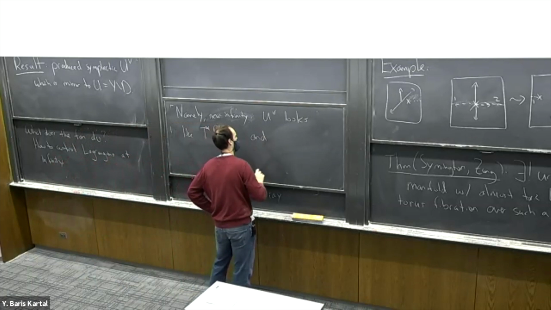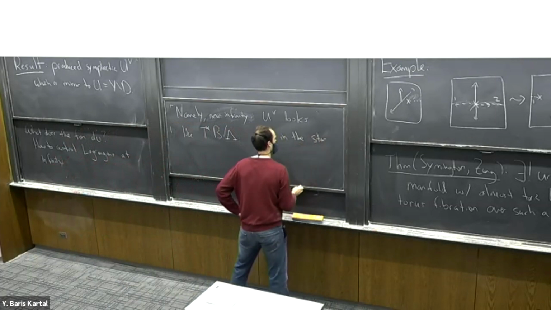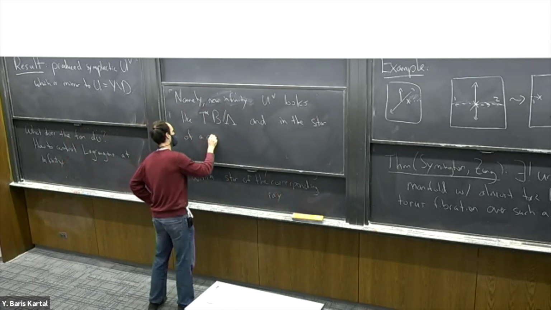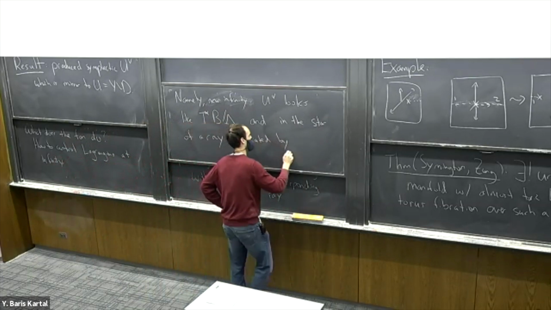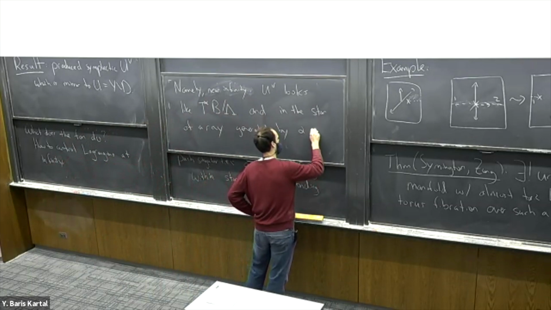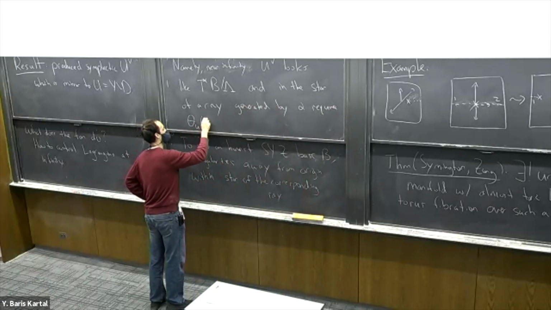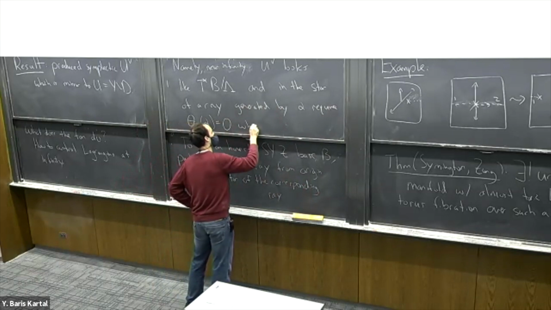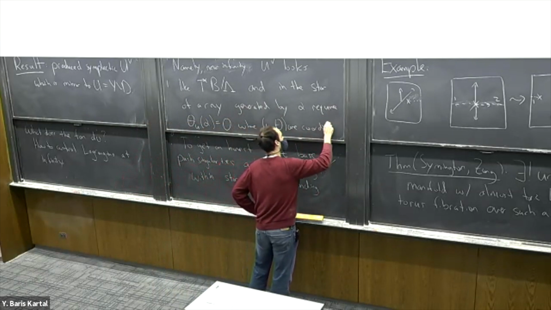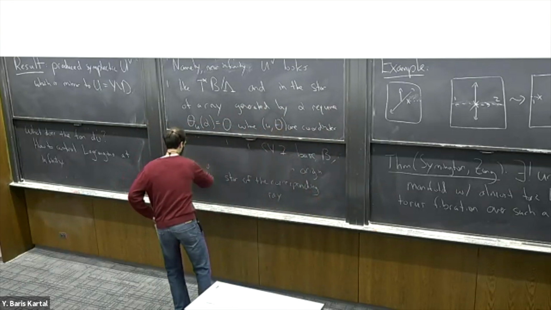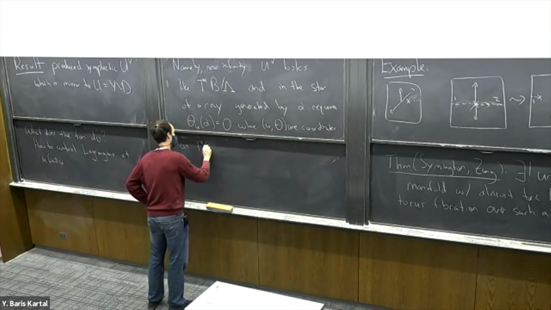And in the star of a ray generated by alpha, you should require that theta sub u of alpha is 0, where u, theta are coordinates on T star B mod lambda.